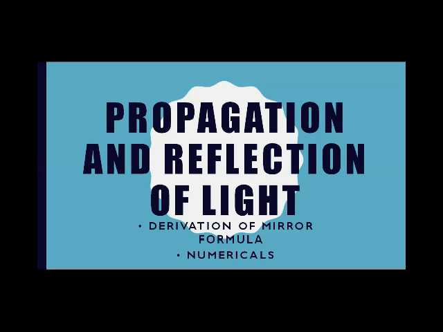After that, we discussed the mirror formula: 1 over f is equal to 1 over p plus 1 over q. At the end, we discussed magnification, represented by the capital M, which is equal to the ratio of the image distance and the object distance, so M is q upon p.